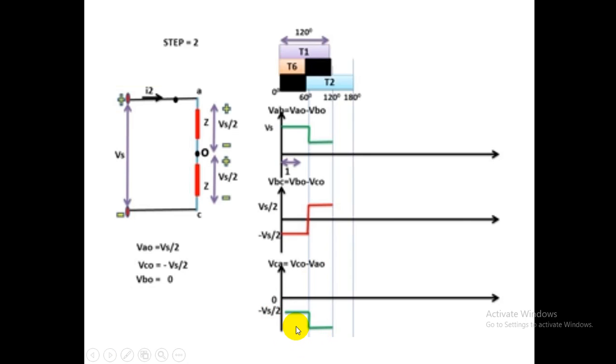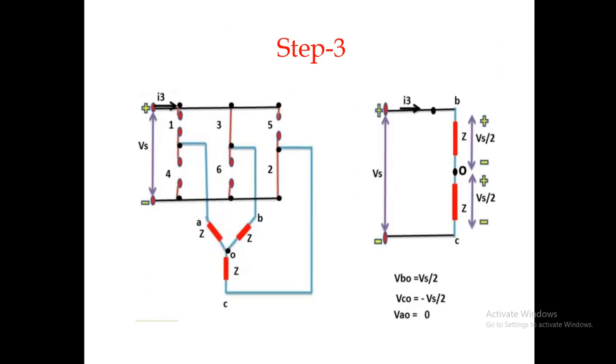We'll see step number 3 right now. In step number 3, the lower group switch from the C phase has already conducted for 60 degrees of its operation. It has one more 60 degrees to go, and thyristor T1 has already completed its 120 degree operation, but after 60 degrees, meaning 180 degrees, only then does thyristor T4 come into action.